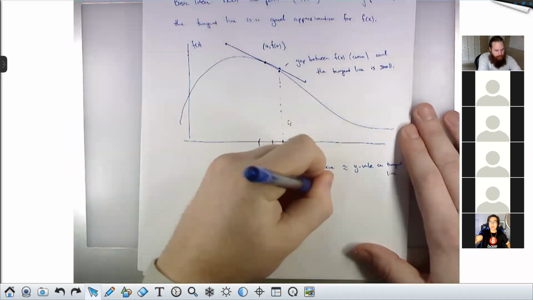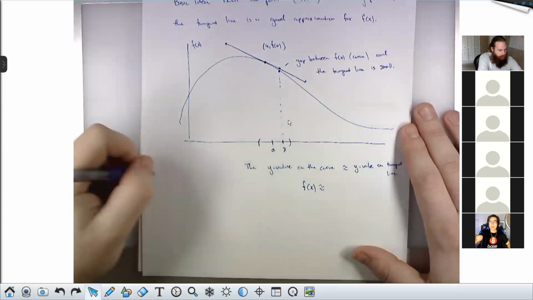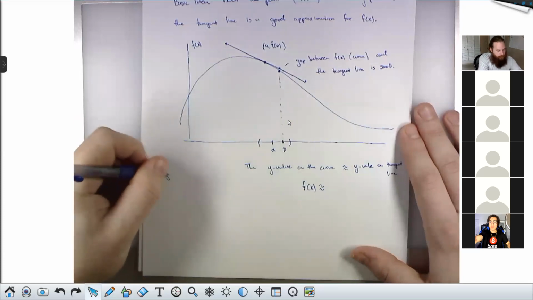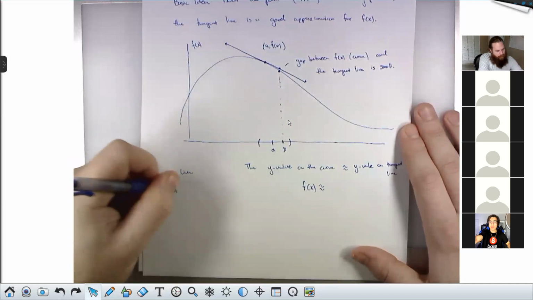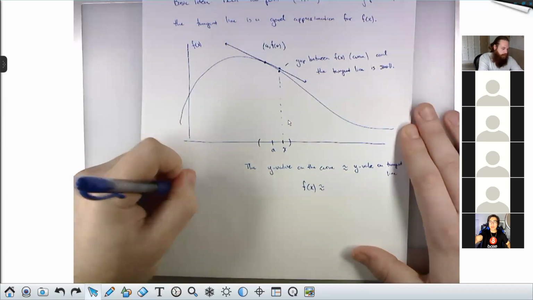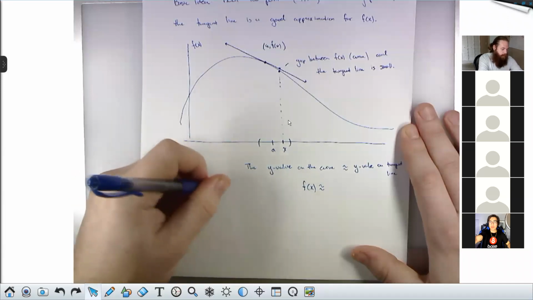The y value on the tangent line, remember the tangent line can always be written as y minus f of a equals f primed of a times x minus a.